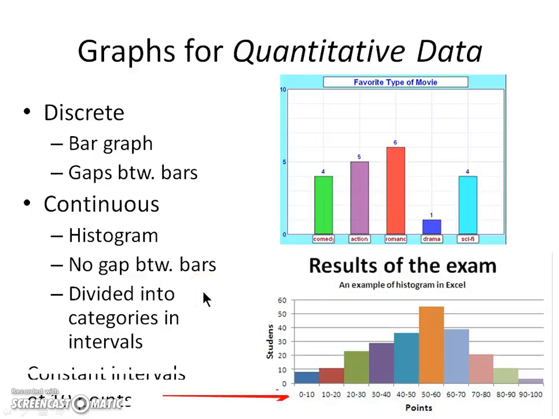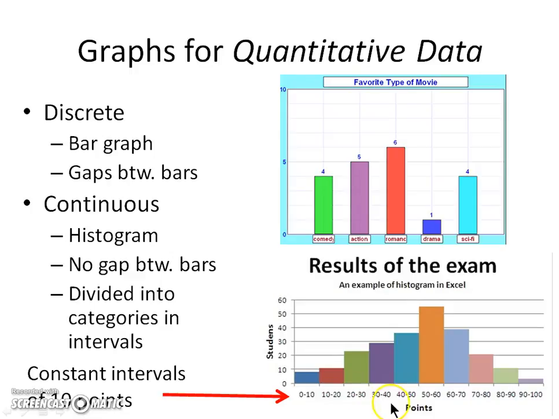One very important key point for a histogram is that the intervals must be constant. In this case, my first interval is from 0 to 10, my second interval from 10 to 20, then 20 to 30, so they all have intervals of 10 points.